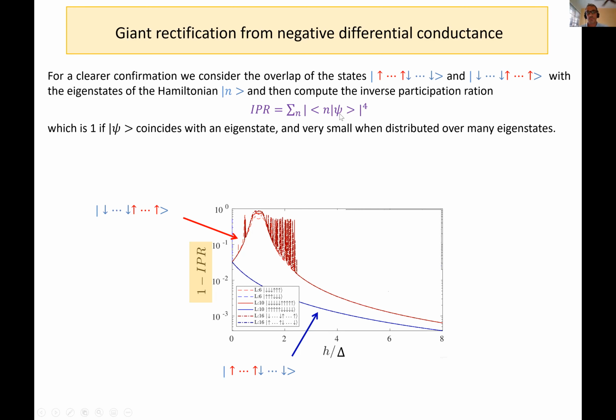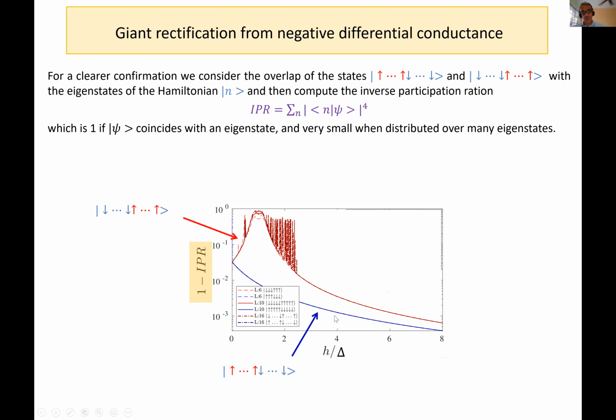IPR is the overlap of the state that we're considering with the eigenstates, to the modulus 4. So this is equal to 1 when psi is an eigenstate, and it is going to be a very small number when psi has overlap with many other states. If it's completely delocalized, with a large overlap with many eigenstates of the Hamiltonian, the IPR will tend to 0. So if I plot 1 minus IPR, when it's delocalized, it will go close to 1, and when it is localized, it will go down to 0.